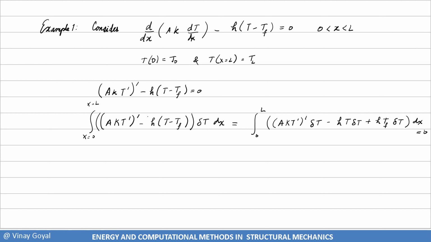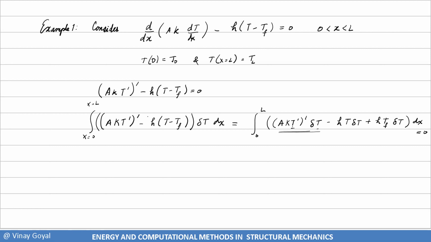My goal is to create a quadratic functional. Again, what I'm trying to do is come up with a functional that describes this governing equation. I want to put the same number of primes on this variable as on that variable.